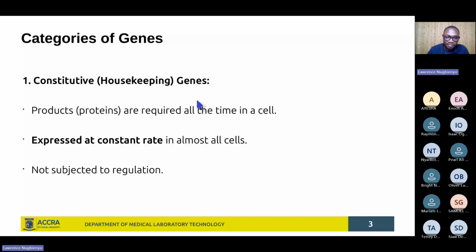So their genes are constantly being expressed. So those proteins are not under any regulation. If at any point in time, those genes that code for those proteins that become the enzymes in those reactions should stop working, it means there will be no energy for the cell. And so they are referred to as housekeeping genes. They must keep the house before any other thing will be happening. So those are constitutive genes.